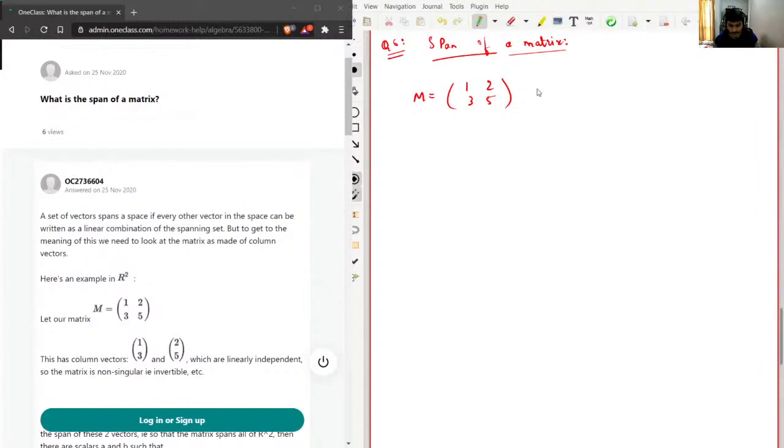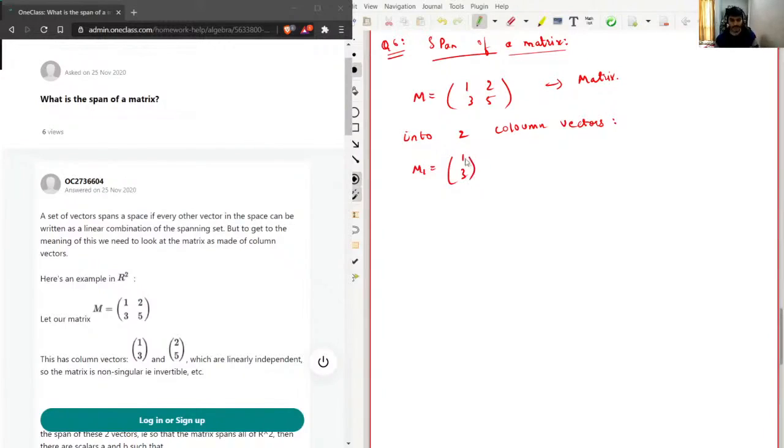So I can divide this matrix M into two column vectors. Let's say the first vector is M1, that will be 1, 3.